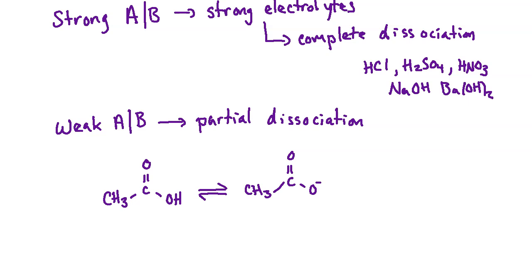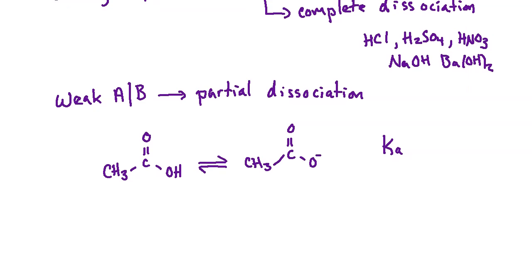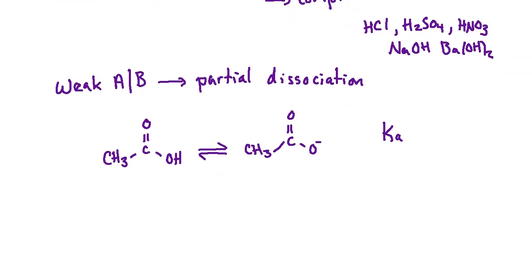All right, now that setup right here is going to have a Ka associated with it. This is just showing the ion. The ion would need to be in the presence of something else when we have the dissociation going on. So you could have water, and the water could end up being the thing that generates this anion on the other side here.